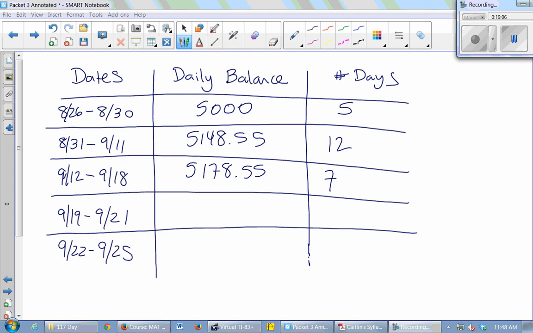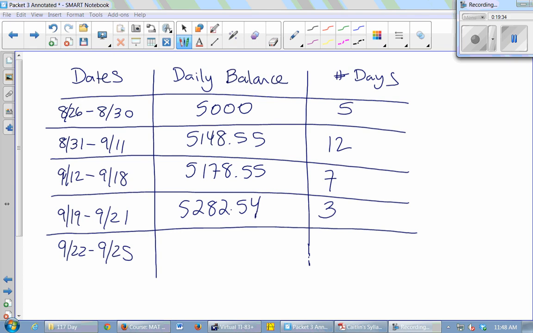All right, and then on the 19th, I make a purchase of $103.99. So I have to add $103.99 to my previous balance. What do I have then? Okay, good. 3 days: 19th, 20th, and 21st. So this is now how much I owe the credit card company, right?